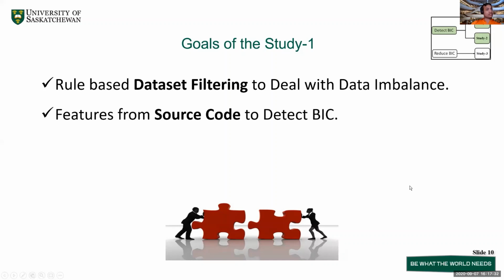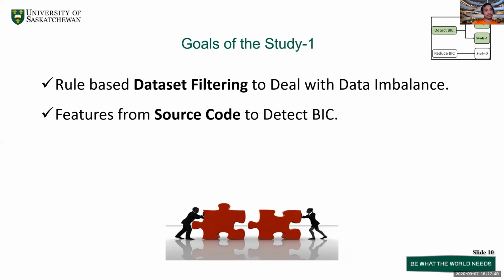So the goal of the first study was twofold. I applied a data filtering technique to deal with data imbalance, as we know that in machine learning, data imbalance is a big problem.